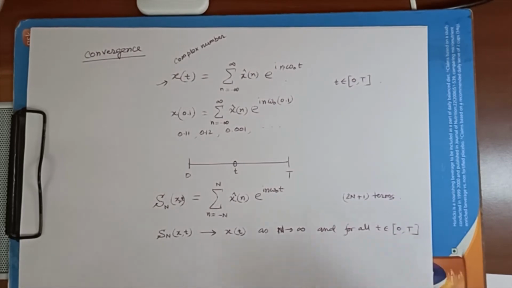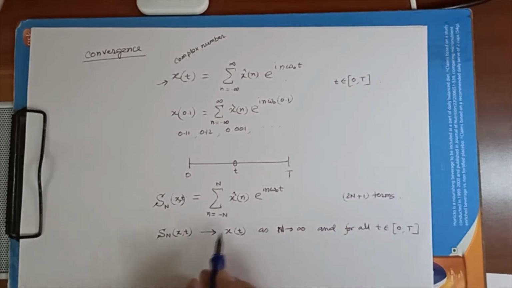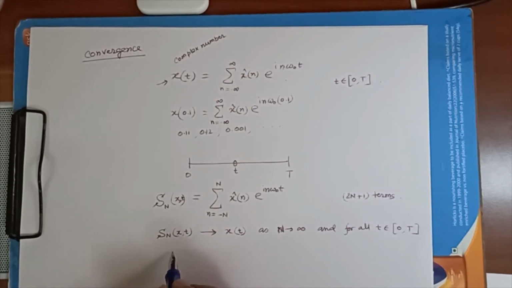So this sum needs to go towards x(t) as you increase N, or the gap between the two, so we can take the difference S_N(x, t) minus x(t), which is a complex number in general.